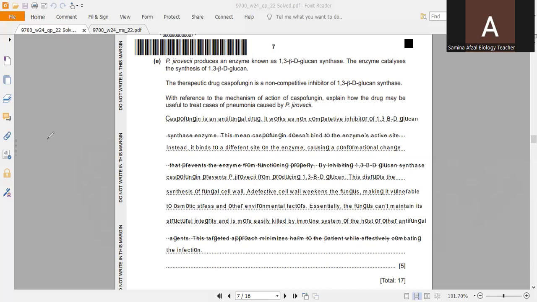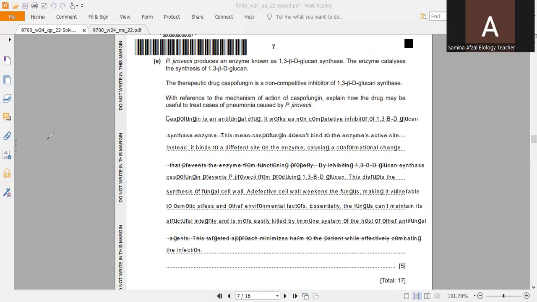pneumonia caused by P0VC. So first of all, I will explain what is happening in this question, what they have asked. The question explores how the drug caspofungin is used to treat the pneumonia caused by P0VC by targeting a specific enzyme crucial for the fungus's survival.